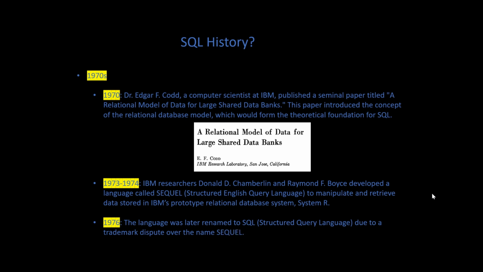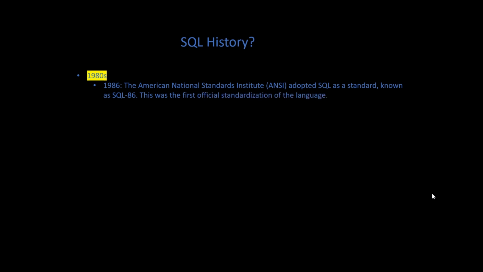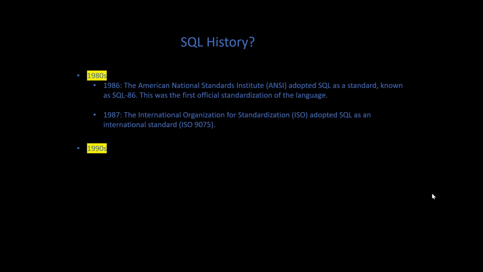Later in 1976, this language was renamed back to SQL, Structured Query Language, due to a trademark dispute over the name SEQUEL. If you look at the 1980s, in 1986 the American National Standards Institute, ANSI, adopted SQL as a standard known as SQL-86. This was the first official standardization of the language. In 1987, the International Organization for Standardization, ISO, adopted SQL as an international standard, ISO 9075.